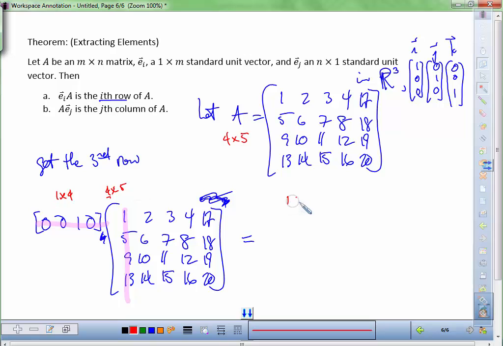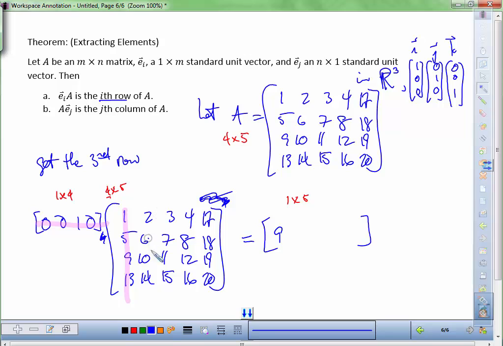So I'm going to have a 1 by 5 matrix. What is that going to look like? It's going to be a row matrix with 5 elements. If I do this multiplication, I get 0, 0, and then 9 and 0.